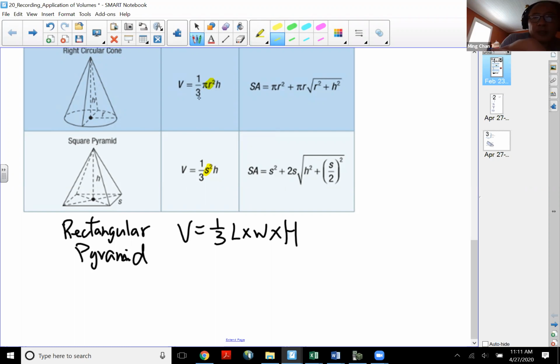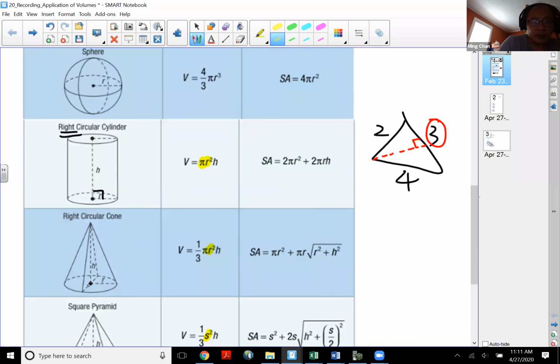Now there's a 1/3 in front of the cone and the pyramid. What this 1/3 means is, if you have a cylinder and a cone with the same height and the same radius, and you take this cone, flip it over and shove it inside the cylinder, then this cone is going to be exactly 1/3 of the volume of the cylinder.